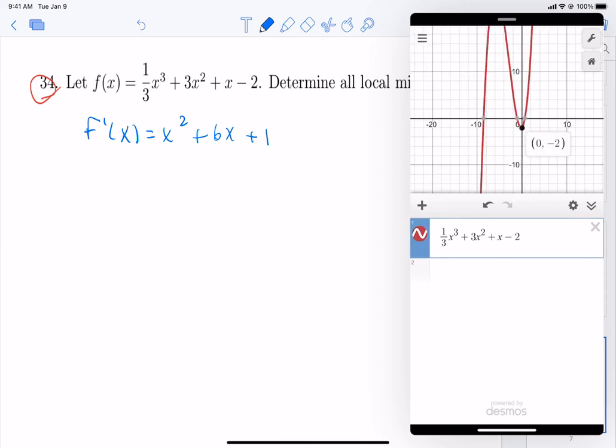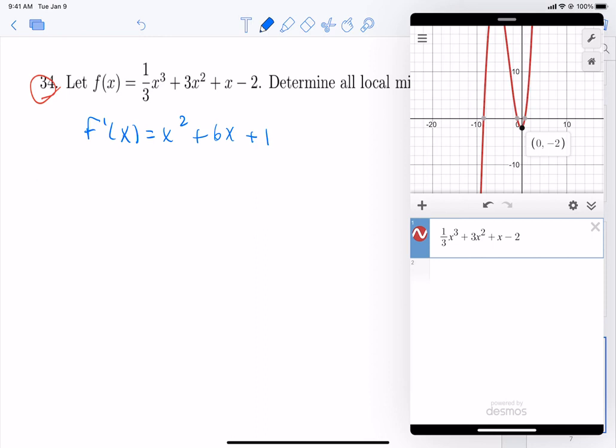Did I do the derivative wrong somewhere? That's the correct derivative, isn't it? It's not factorable, is it? No. Okay, let's do the quadratic formula. Well, I don't know how 1 times 1 gets you 6. Well, no, I know it's not factorable. That's why I'm questioning what's going on in my brain.